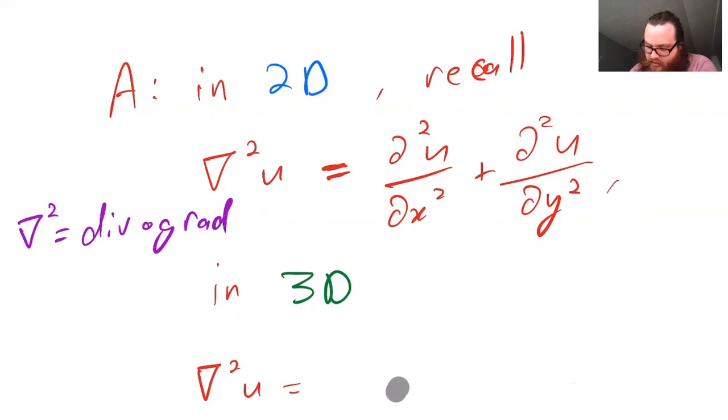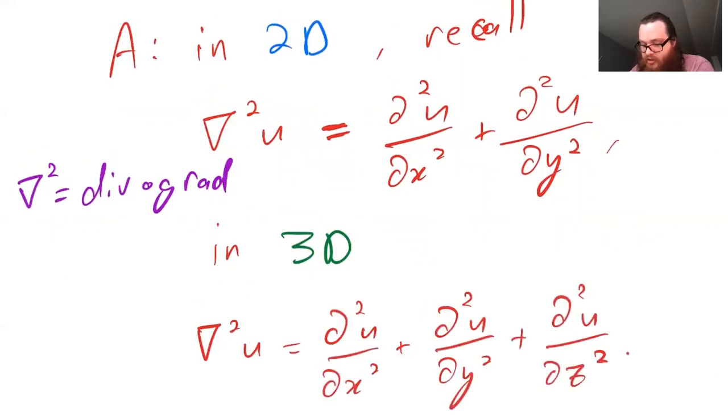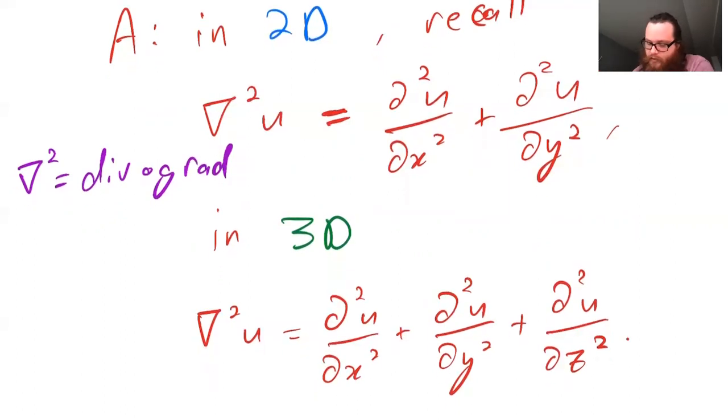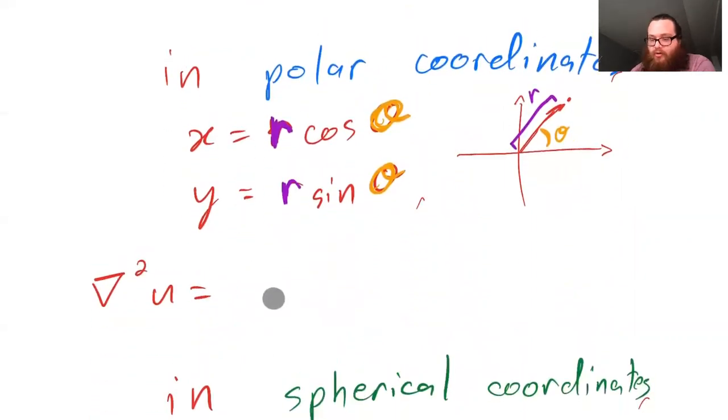In 2 dimensions, it takes this form, to sum up the second derivatives with respect to each spatial variable. In 3D, it's almost the same. You just add that second derivative with respect to z. So what we want to do is figure out a similar expression for a polar coordinate system.